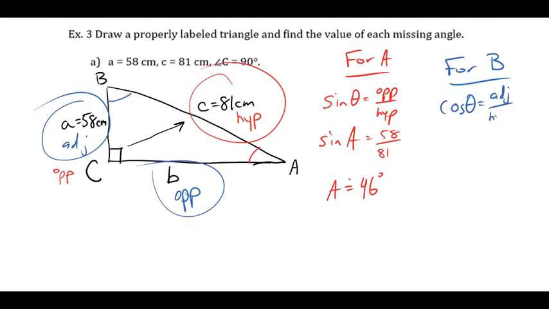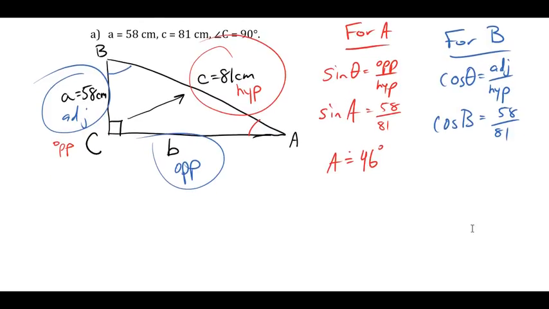Same numbers, but a different ratio. Instead of sine, I'm using cos. So cosine of B is 58 over 81, and that's interesting. I still get 58 over 81. And what do I get for B? Somebody help me out with that? Tony? 44. Who can tell me the other way I could have got it?